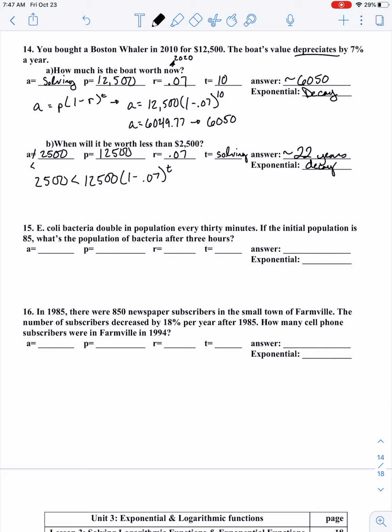E. coli bacteria double in population every 30 minutes. The initial population is 85. What's the population? So this is what we're solving for. My rate is doubling. How often do they double? Every 30 minutes.